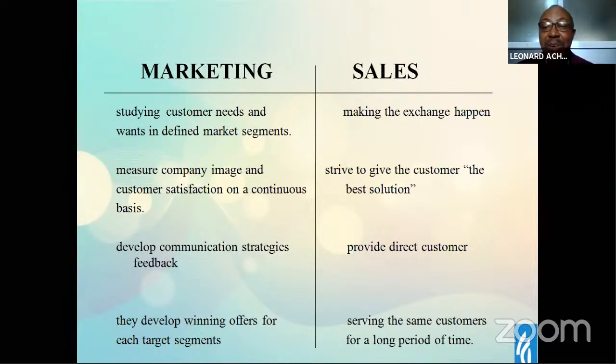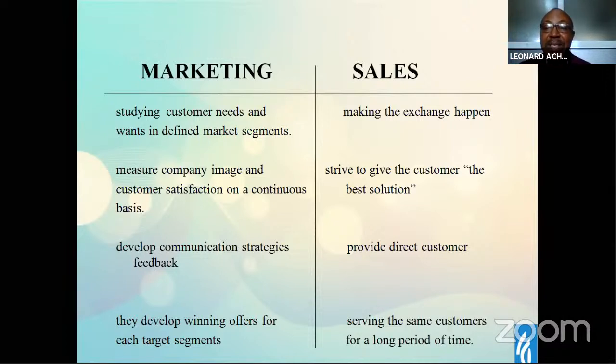As a matter of fact, communication is the central nerve, the lifeline of many organizations or institutions. And so there cannot be communication without feedback. So one of the things that marketing does is to make sure that it puts in place a feedback mechanism whereby the customer's inputs can be recognized and attended to promptly.